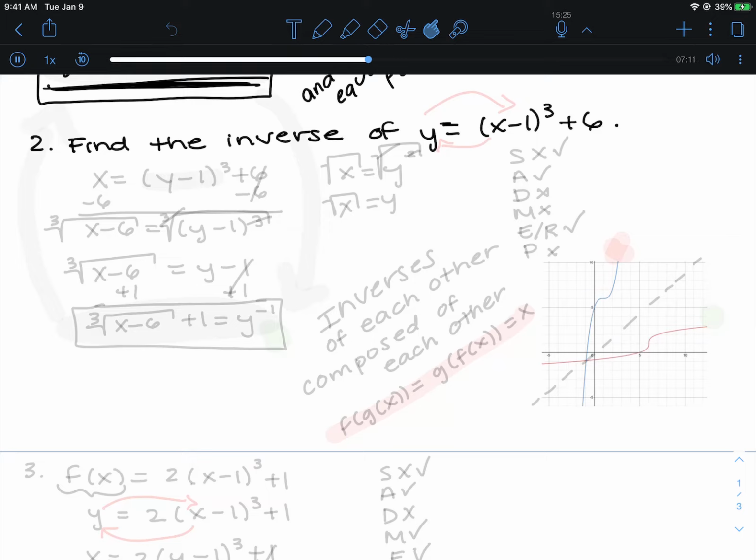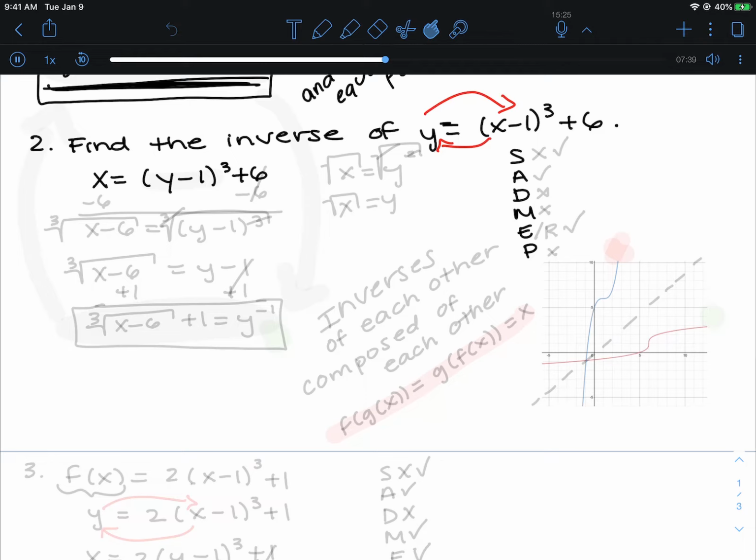Once again, we're going to follow the steps from up there, and we are going to use SWBAT for this. So I'm going to write SWBAT here. Okay, and the first step is to switch x and y. So that means that these two right here need to switch with each other. Okay, so if I do that, I'm now going to get x equals (y - 1)^3 + 6.